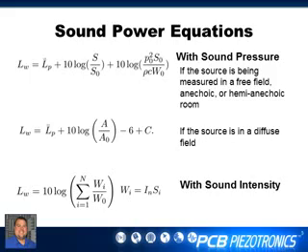So on this slide you see the three equations that are used for calculating sound power from the various measurements we would actually take. In the first two equations, sound pressure is the very first variable.